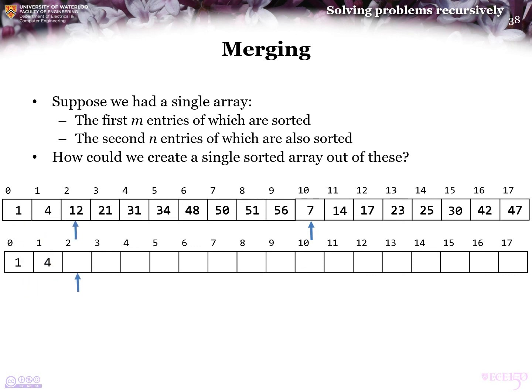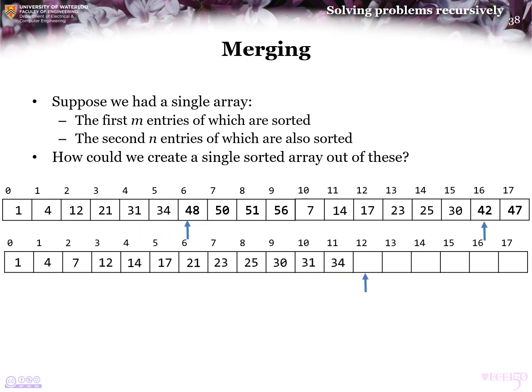Then we copy over 7 and 12, 14 and 17. From the first half, we copy over 21. From the second half, we copy over 23 and then 25 and 30. From the first half, we copy over 31, 34.